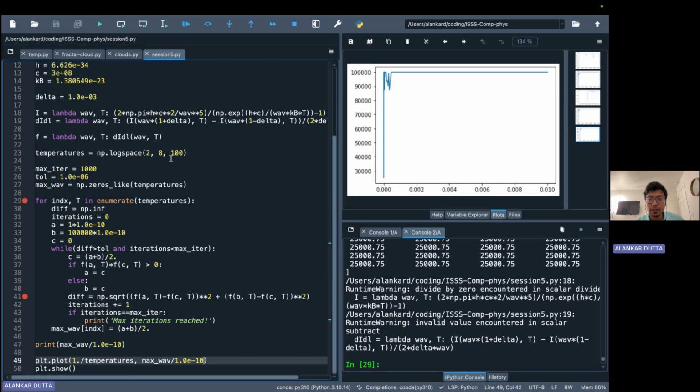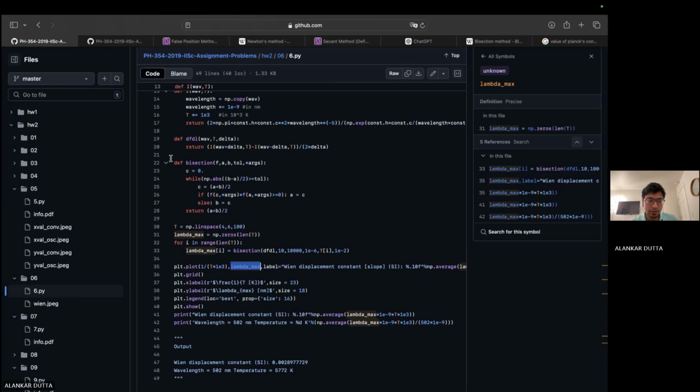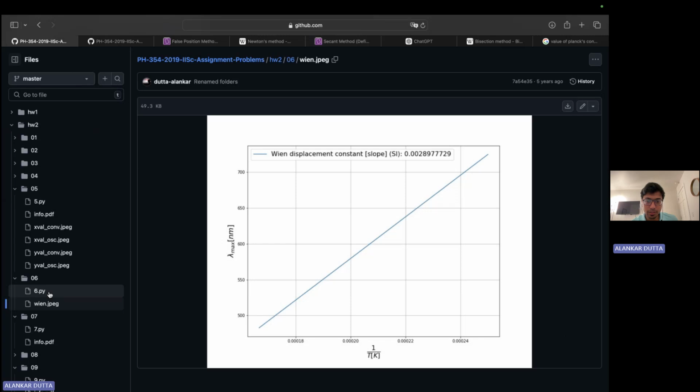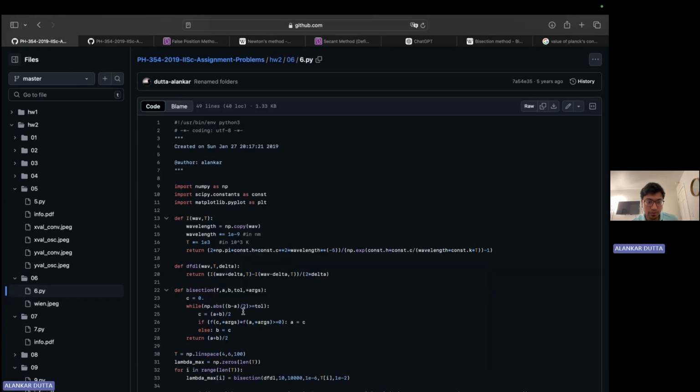And let's see. I get something which is not expected. I should have got something like this: lambda max in nanometers, and this is in kelvins. So instead of nanometers, I'm just doing angstroms.